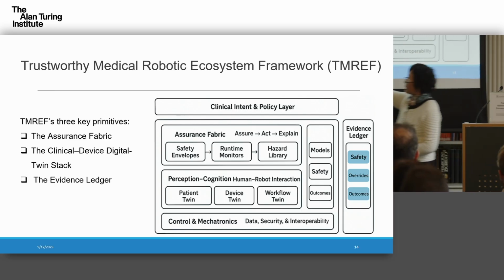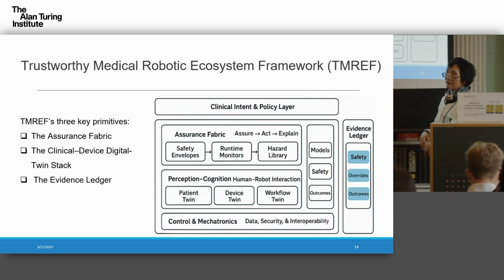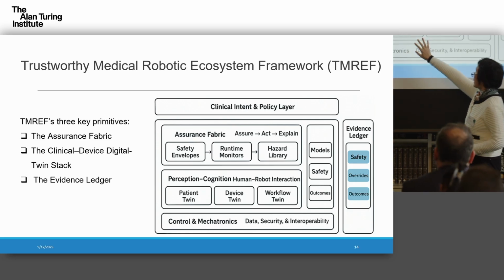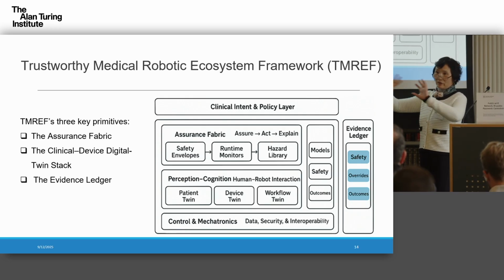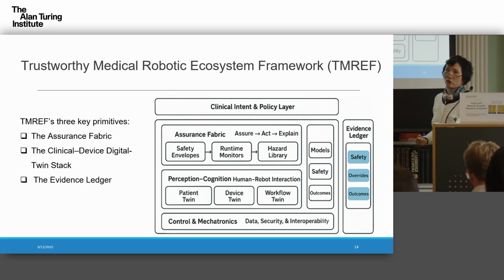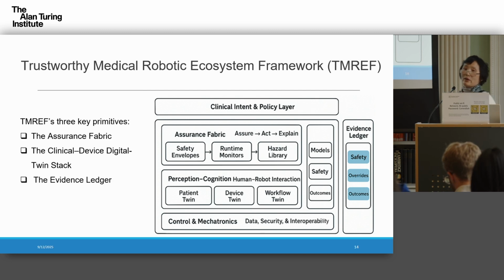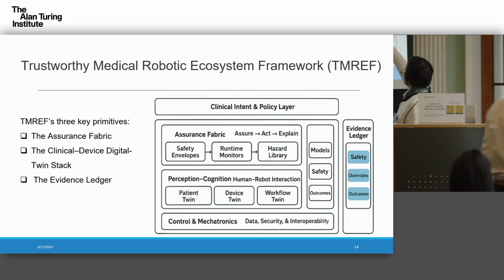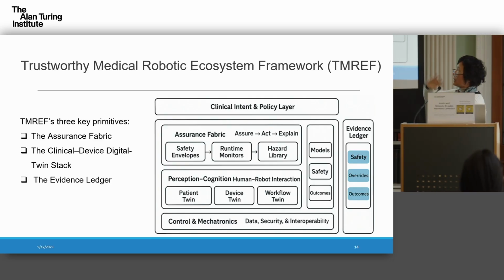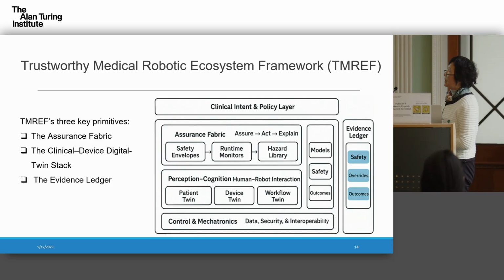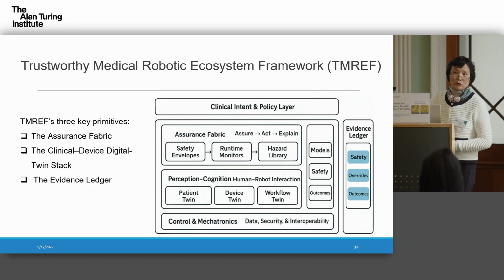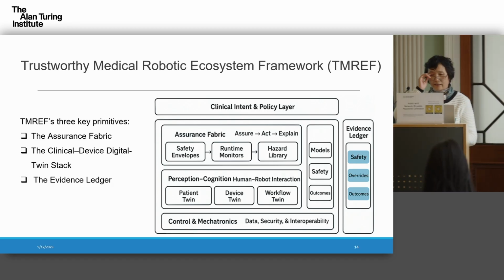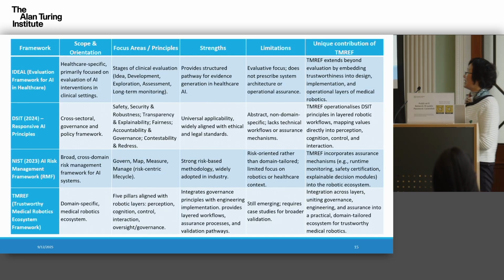The second is a clinical device digital twin stack, so we can use patient, device, and workflow twins to simulate the whole environment to ensure safety, transparent accountability, and resilience. The third part is the blockchain as an evidence ledger, the second insurance for accountability and resilience.